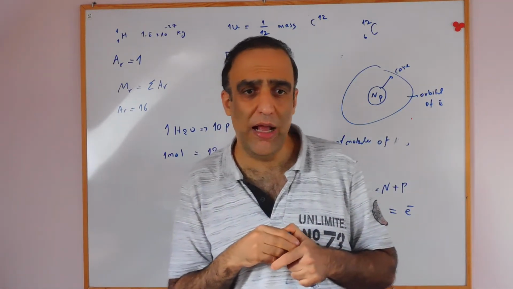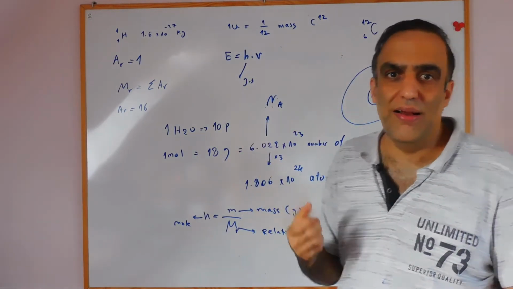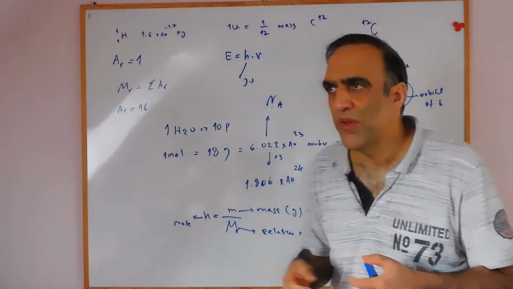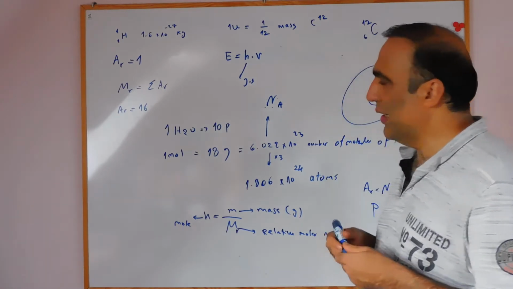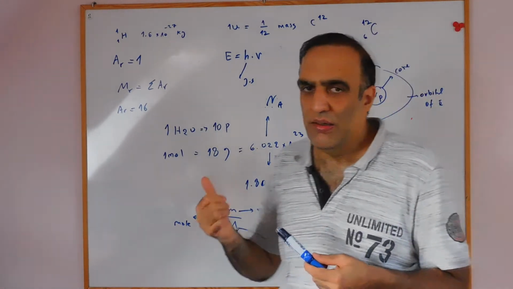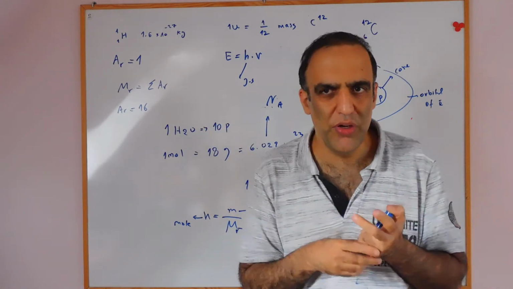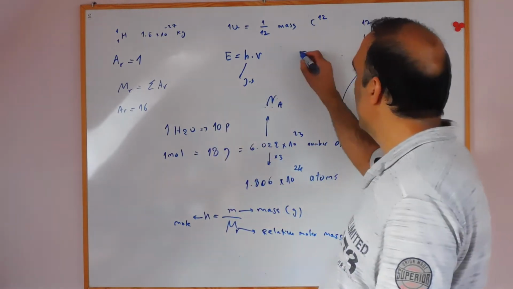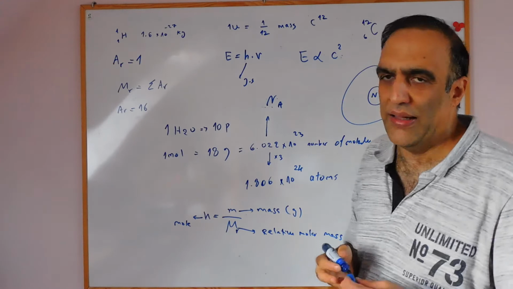And the second scientist was Albert Einstein, who mentioned the electromagnetic wave and the photon. He said the energy has a relation with the speed of light to the power of 2.